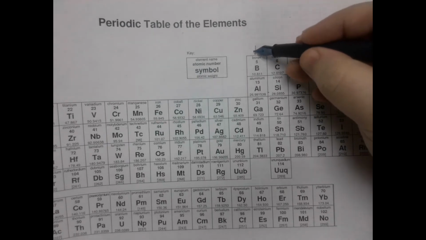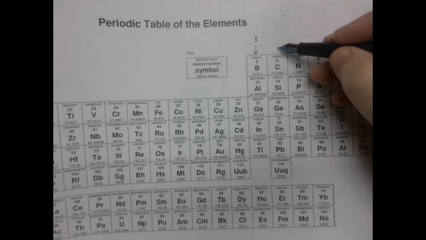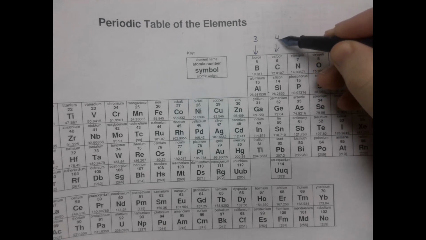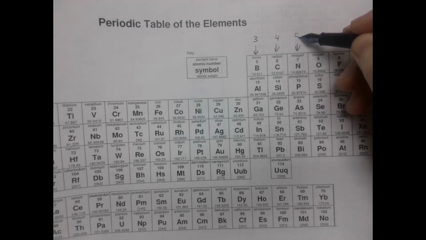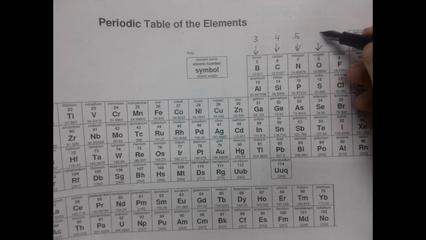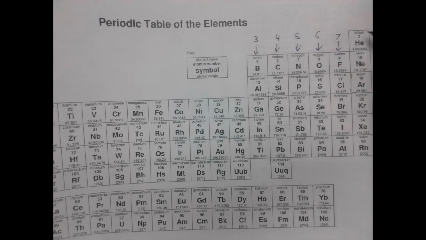All of these have 3. All of these have 4. All of these have 5. Oxygen all have 6. These have 7. These have 8, except for helium that only has 2.